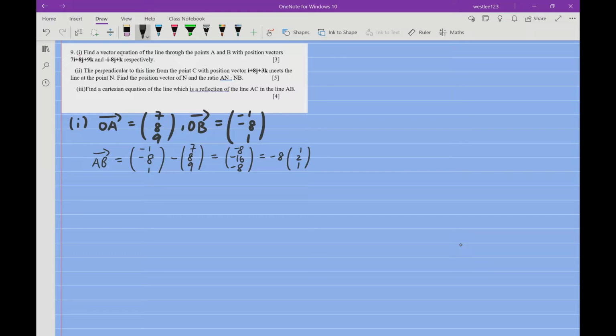Then after that, for the equation of the line, r equals 7, 8, 9. This is the position vector of any point on the line. So you can either use point A or point B, up to you, plus lambda directional vector, where lambda belongs to real numbers. This is the equation of our line.